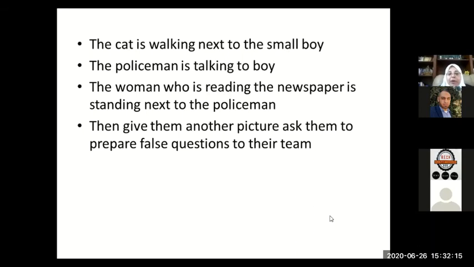By the way, I ask my learners to do this, to stand up when answering these questions and ask them to jump to the right if the sentence is correct and jump to the left if the sentence is incorrect, okay? So they are doing some movement. So yes, you can do this online. So instead of asking them number one is correct or incorrect, ask them to jump. So if the sentence is correct, jump to the right. If it's incorrect, jump to the left. Okay? Yes, very good. Did you all get the idea?